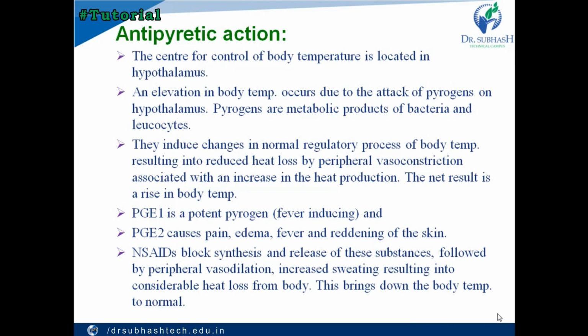Prostaglandin E1 is a potent pyrogen, which is fever-inducing, and prostaglandin E2 causes pain, edema, fever, and reddening of the skin. So, to lower our body temperature, we have to block prostaglandin E1 and E2, and we know very well that NSAIDs block the synthesis and release of prostaglandins. So the body temperature will be lowered, and that is the antipyretic action of NSAIDs.